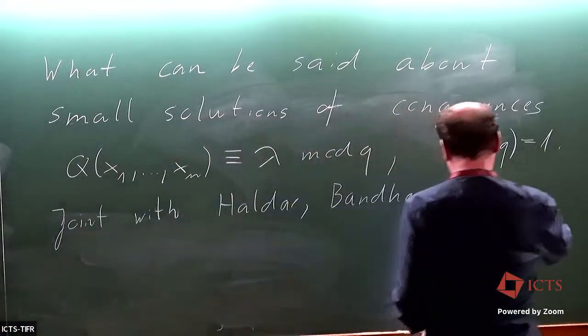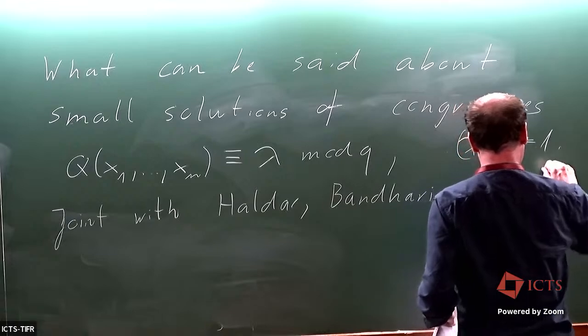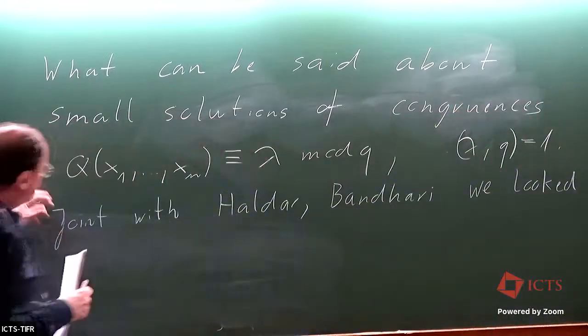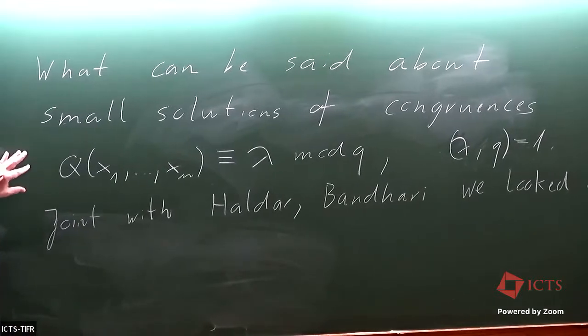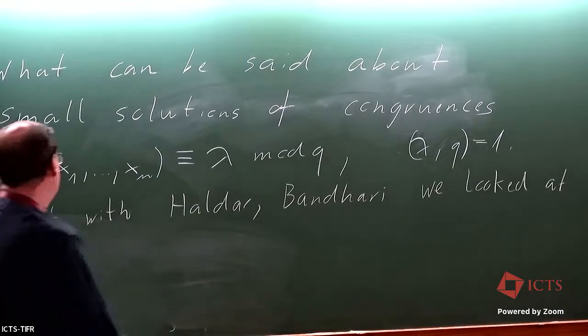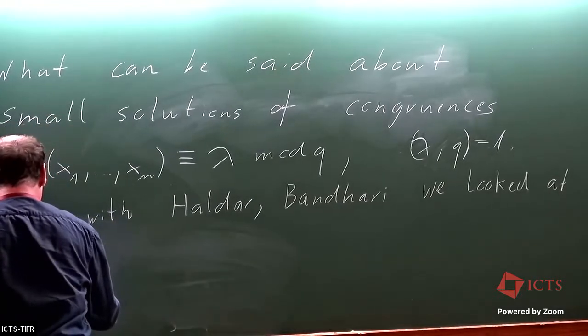We looked at, once again, diagonal quadratic forms, but in that case it should not be the big constraint. It's just easier for diagonal forms.